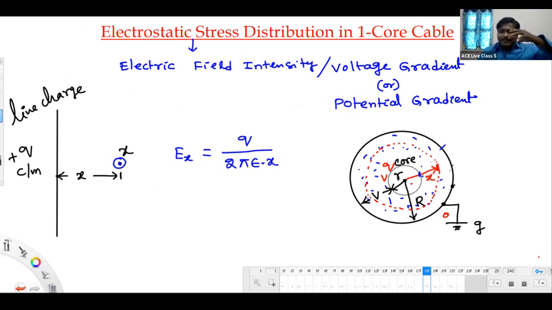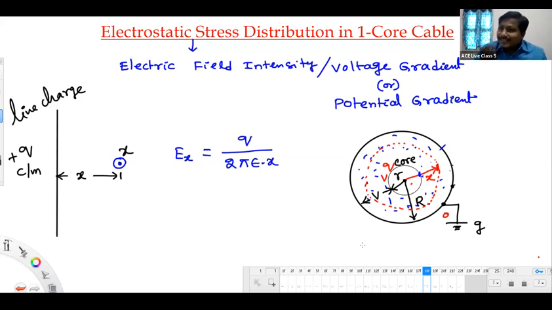But you should think in a clear-cut way. All of you listen, stop writing. On the surface of the core we have the maximum field intensity; nearby the sheath we have the minimum field intensity. That's okay. Who is experiencing the stress?